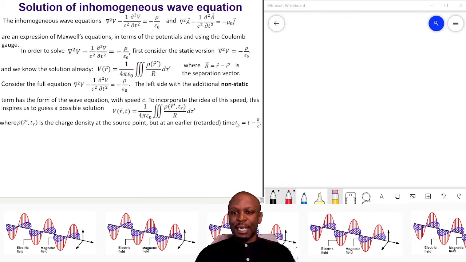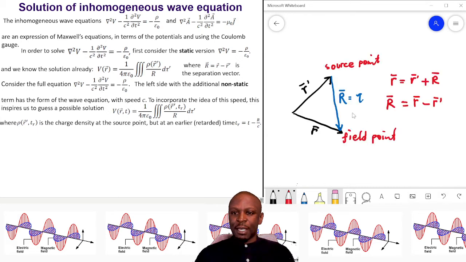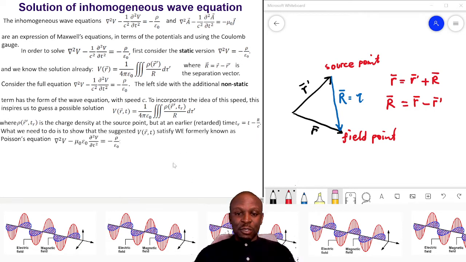That's why this is t_r, and t_r is given by t minus R over c, because it takes time for the electromagnetic wave to move from the source point to here. The earlier time is just given by this. What is t? t will be the retarded time plus R over c. So that's what I wanted you to see.